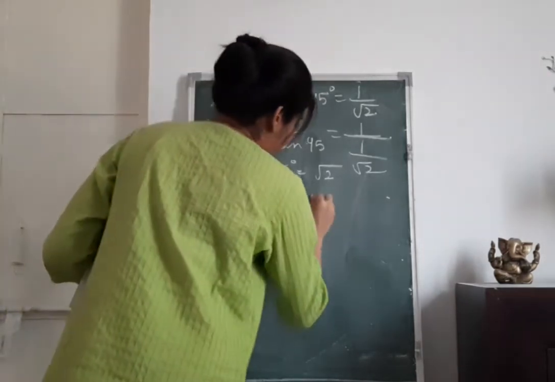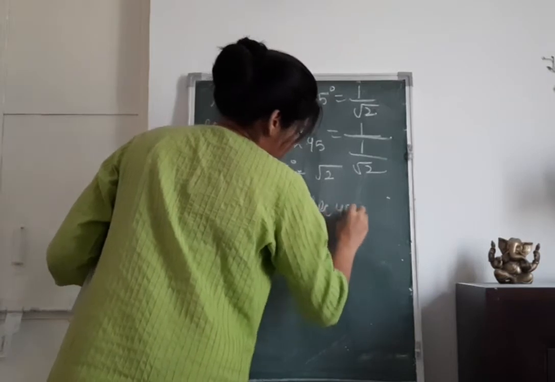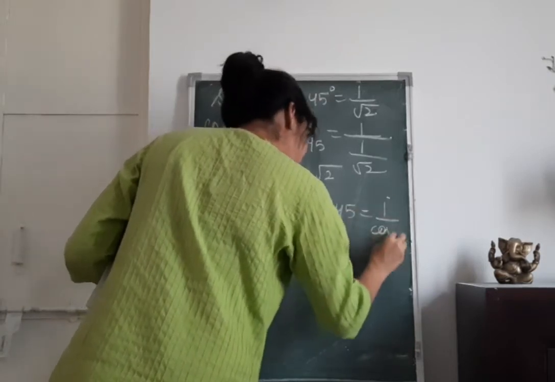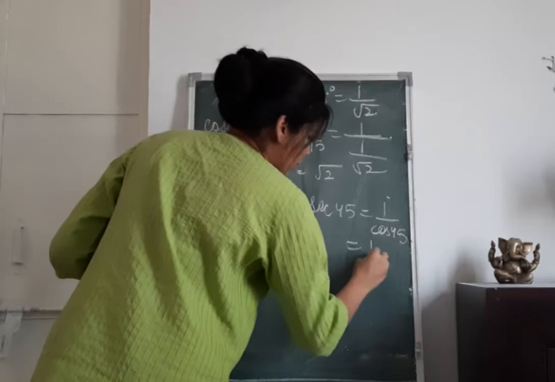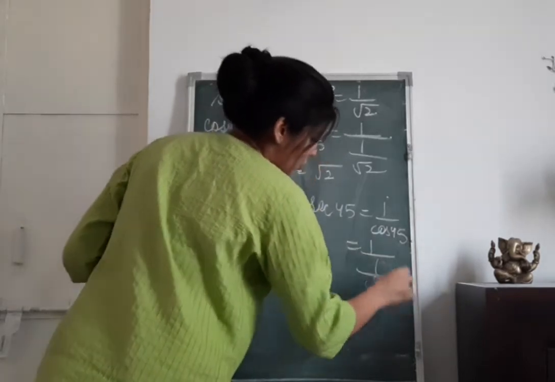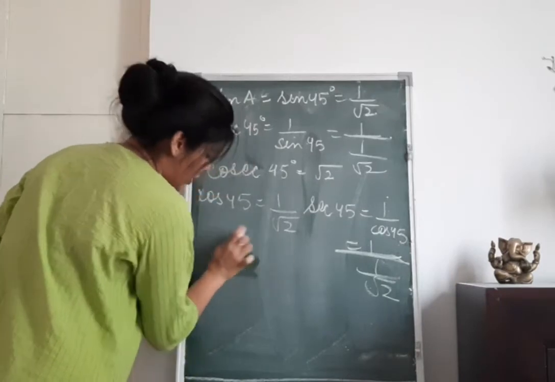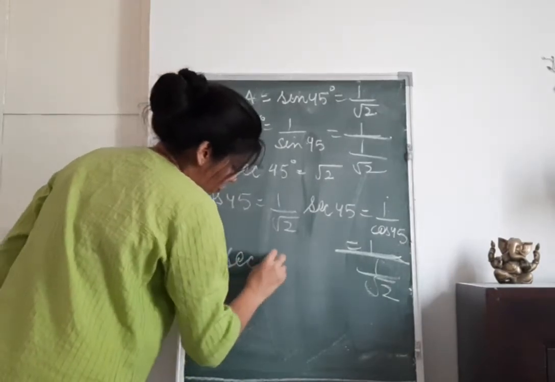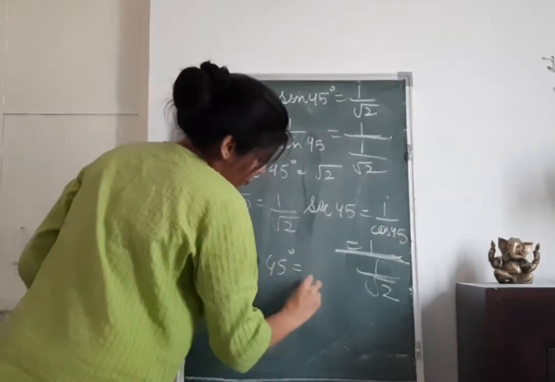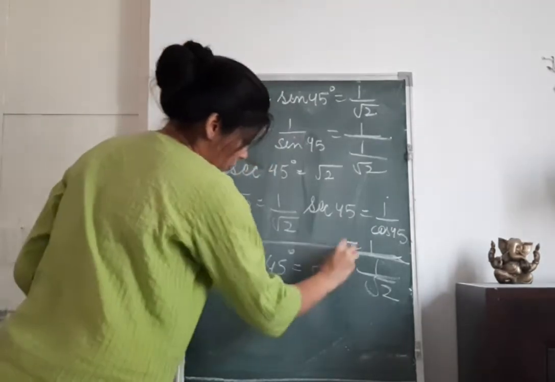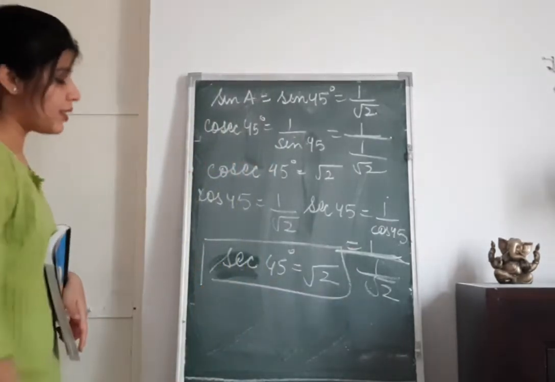And what is sec 45 equal to? 1 upon cos 45. That is 1 upon root 2. That gives me sec of 45 degree as root 2. Right?